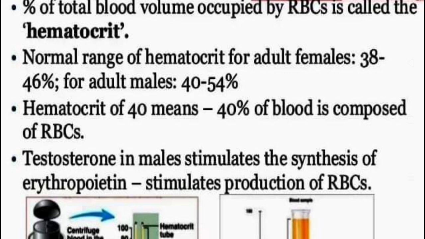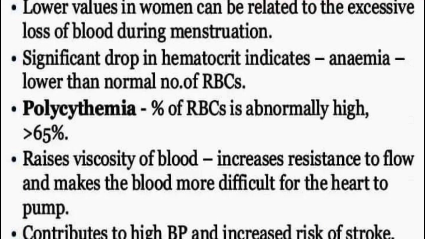Hematocrit of 40 means 40% of blood is composed of red blood cells. Testosterone in males stimulates the synthesis of erythropoietin, which stimulates red blood cell production. Lower values in women can be related to the excessive loss of blood during menstruation.